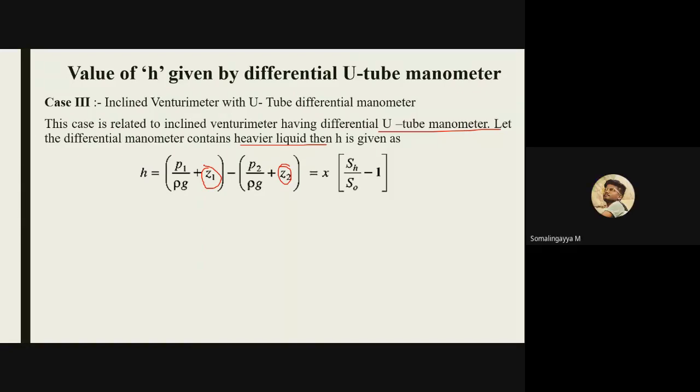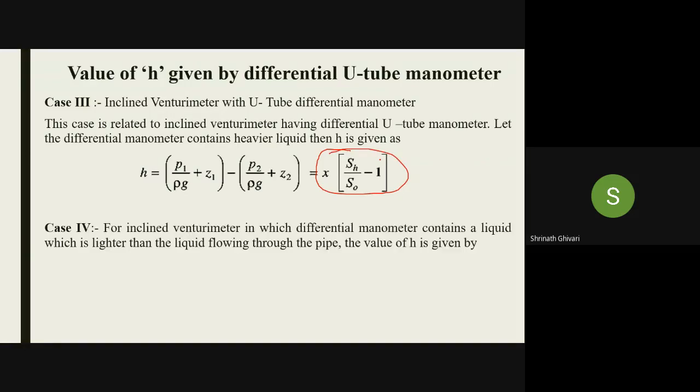Because it is inclined, or we can say it is placed at an incline from the datum line. Therefore one will be 0 and the other will have some height. In the previous one it was horizontal, so Z1 is equal to Z2. Very good. So X equal to SH by S0 minus 1.